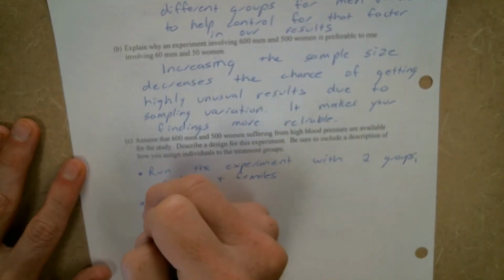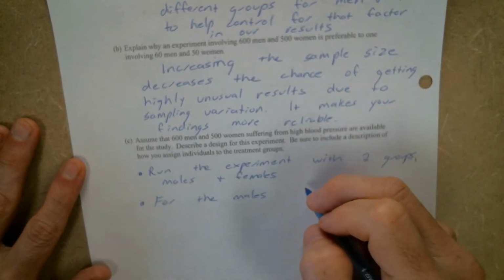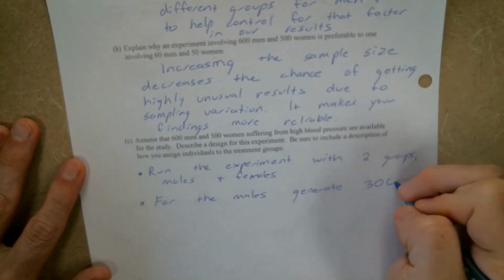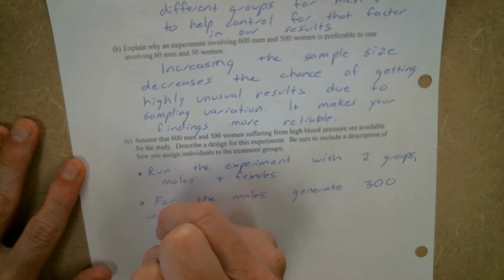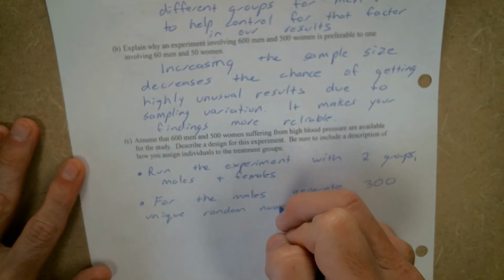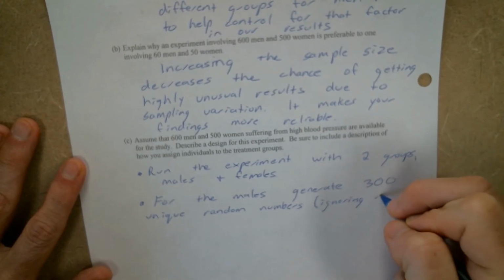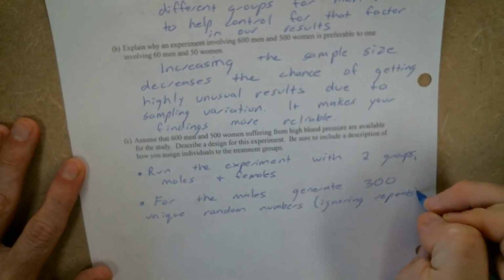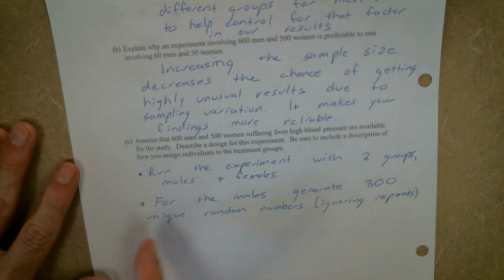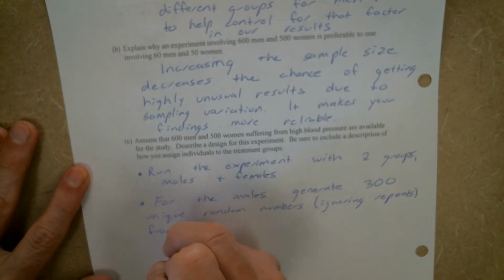And then we can say, for the males, generate 300 unique random numbers, or you can use the phrase ignoring repeats. But either way, you should use one of those two terms to say what happens when you generate the same number. So basically, we have to either generate unique numbers or ignore repeats, from 1 to 600.